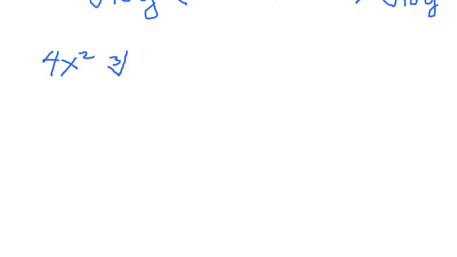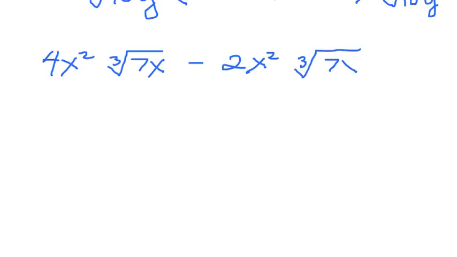So we have 4x squared, 3 roots of 7x minus 2x squared, and then 3 roots of 7x. Okay. So we've got 4 minus 2, and that's going to make that 2x squared.